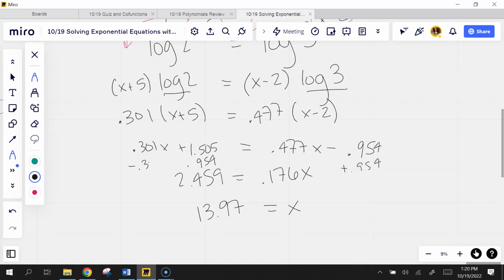I subtracted the 0.301x. Right, so then I divided by 0.176.